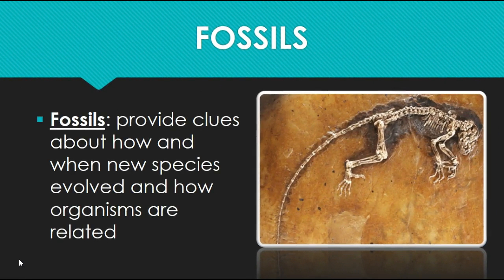So first, let's look at fossil evidence. Fossils are basically preserved specimens or imprints in rocks of ancient organisms. So fossils of ancient organisms can provide clues about how and when new species evolved and how organisms are related.